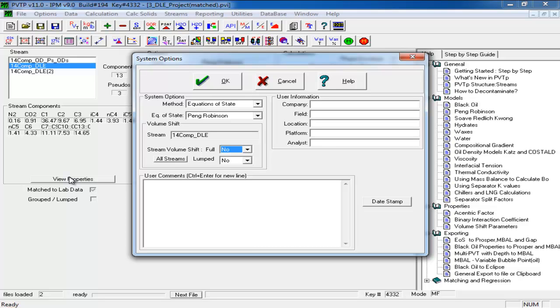This equation, which is without volume shift, is called the two-parameter equation, because we use only omega A and omega B for these calculations. We need a third parameter. That's why we have a cubic equation of state. Cubic equation of state will include volume shift.